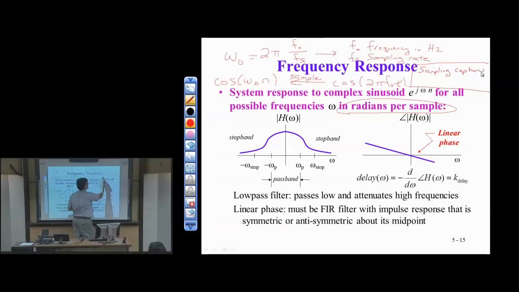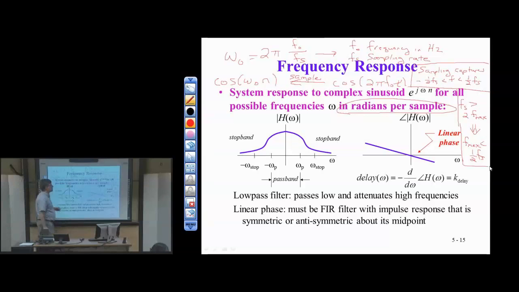Sampling captures the following frequencies from minus half Fs to half Fs. And the reason for that is simply the sampling theorem, that Fs is greater than 2 F max. So that tells us that F max is less than half Fs. That's just a byproduct of the sampling theorem.